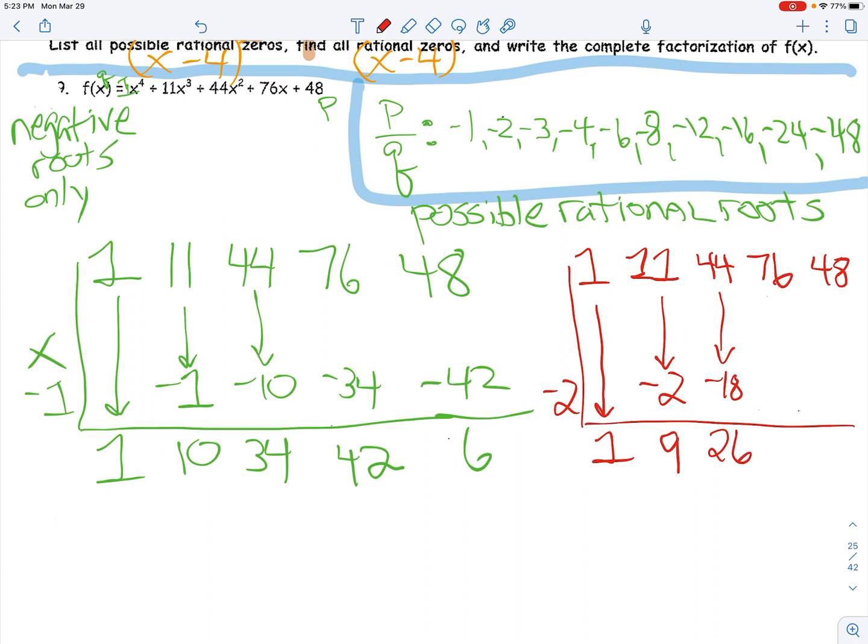Once again, make sure your computational work is good here. 26 times negative 2 is negative 52. 76 minus 52 is 24. This is looking good here. Times negative 2, excuse me, is negative 48. Add that, and there we go. 0 remainder. That's good, people, right? Negative 2 is one of the roots.